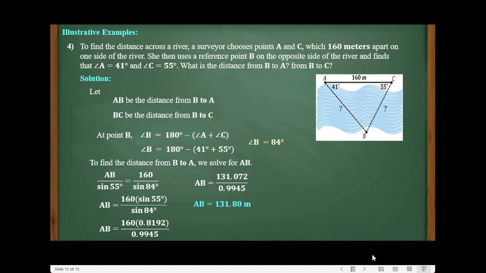Now, what about the distance from point B to C? We solve for the length of segment BC from this triangle.